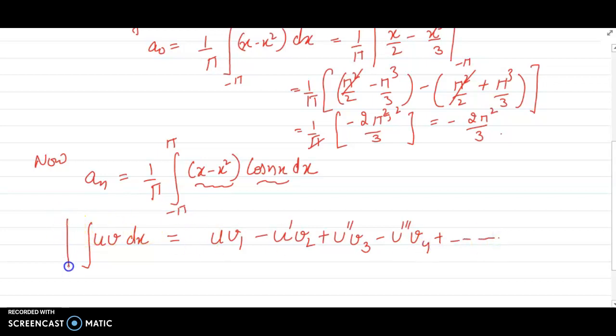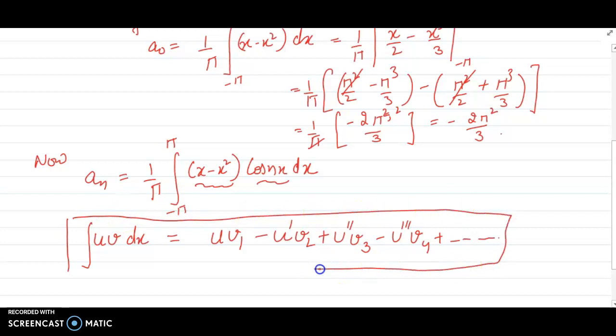We will move till we get 0 as the first function. That's why we take the algebraic function as the first function, because one stage will be reached when its derivative will be 0.